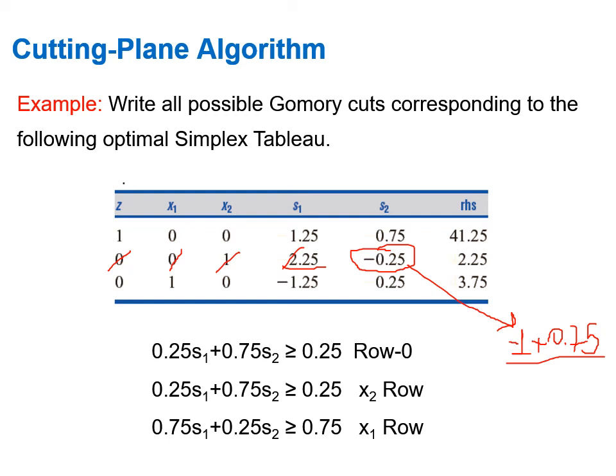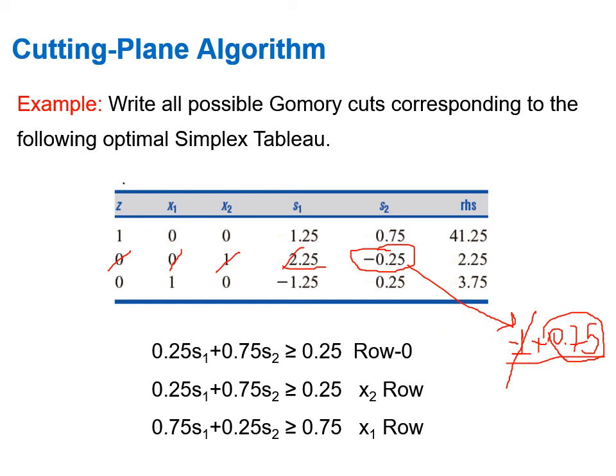Then we eliminate the integer part, which is minus 1. So the remaining part is 0.75. In fact, be careful when you have negative fractions. This negative fraction 0.25 plus 0.75 in absolute values should make equal to 1. So you can think in that way.